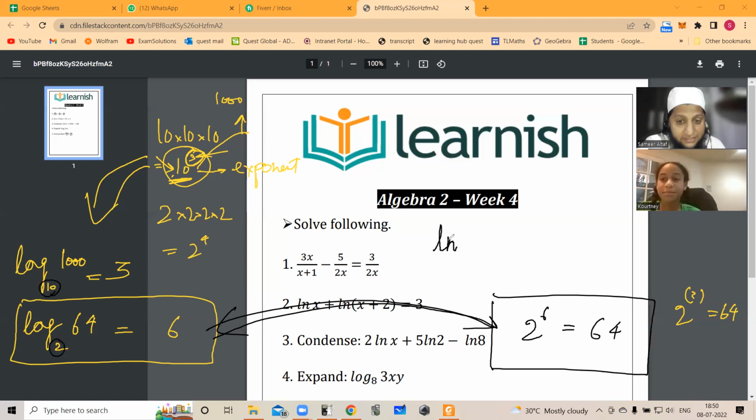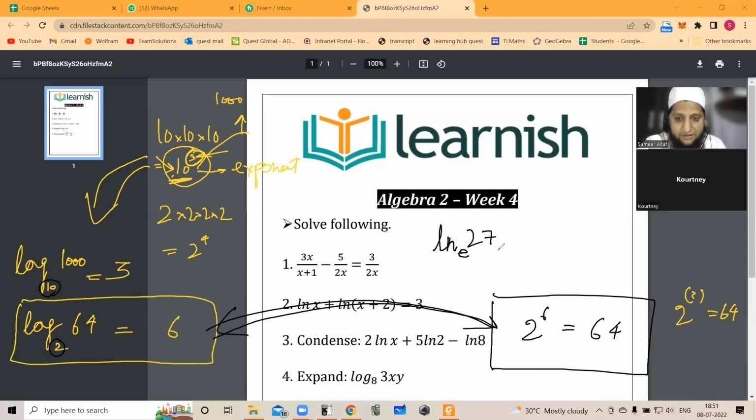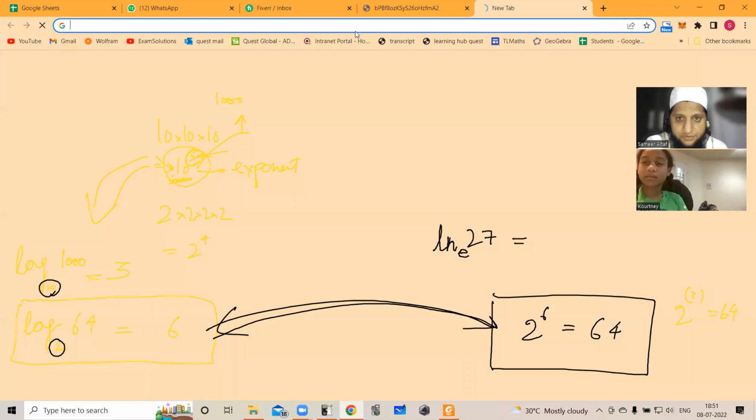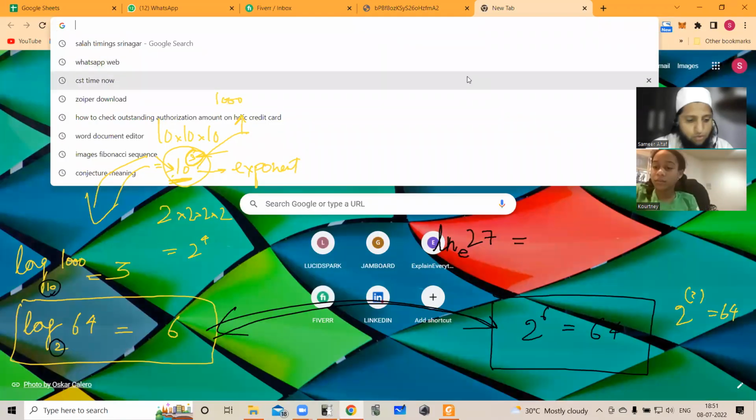That means the base is always a number called Euler's constant, E. For example, ln 27 to the base E. Whenever the base is E, it's a special log called ln. And E is an irrational number. Let's check it on the calculator: 2.718 and so on.